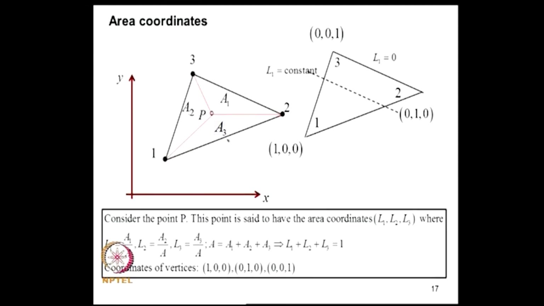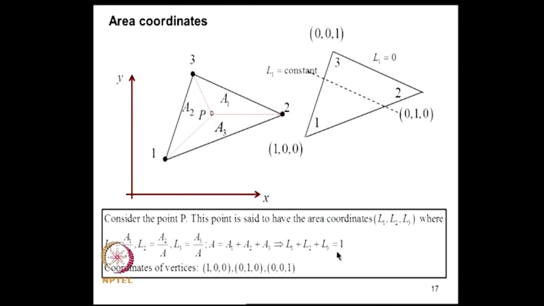Now we consider the point P, this point is said to have the area coordinates L1, L2, L3, where L1 is A1 by A, L2 is A2 by A, L3 is A3 by A. Clearly, the total area is A1 plus A2 plus A3, which is equal to A. Therefore, if you add L1 plus L2 plus L3, it will be 1.